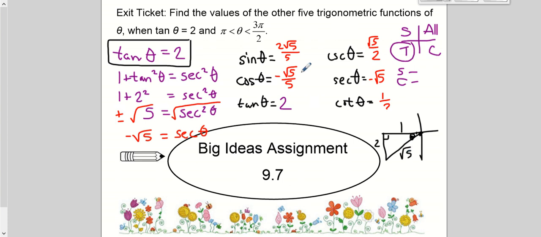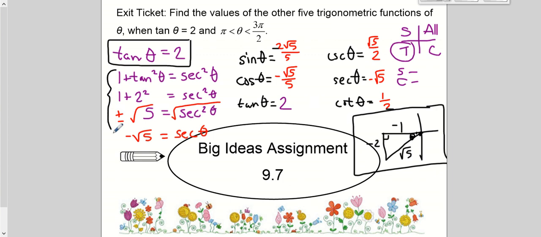Simplify that, we get negative rad 5 over 5, because we're in that quadrant. And sine is also negative. Tangent is 2. Cotangent is 1/2. Cosecant is a reciprocal of sine, and secant is a reciprocal of cosine. So you can use your reference triangle, or you can use the Pythagorean identities like I did over here.